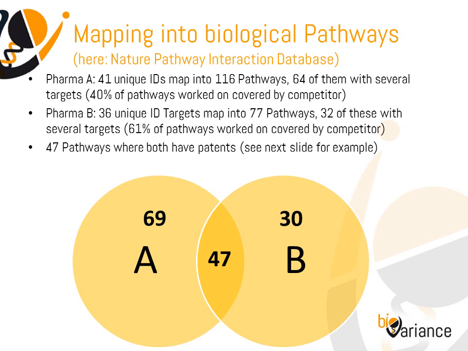And on 40% of those pathways, also the competitor is working on. Whereas for Pharma B, there are in total 77 pathways, where in 32 cases they have several targets, and on 61% of the pathways the competitor is working as well. And there are 47 pathways where both have patents.